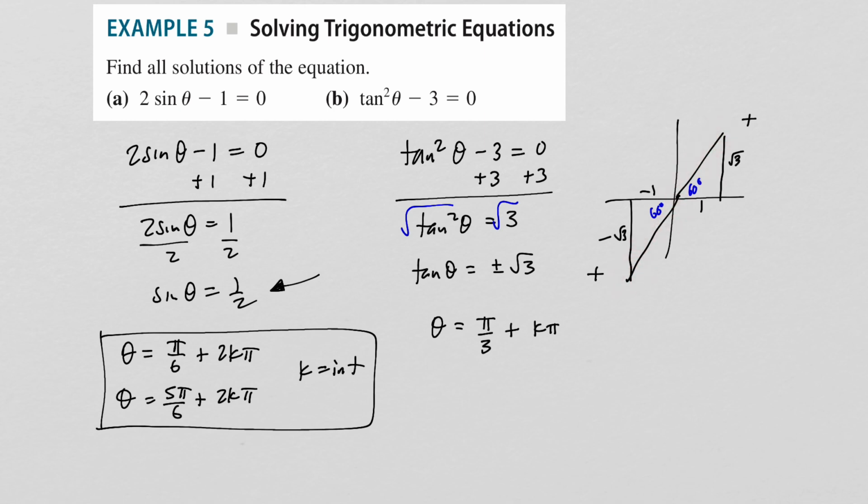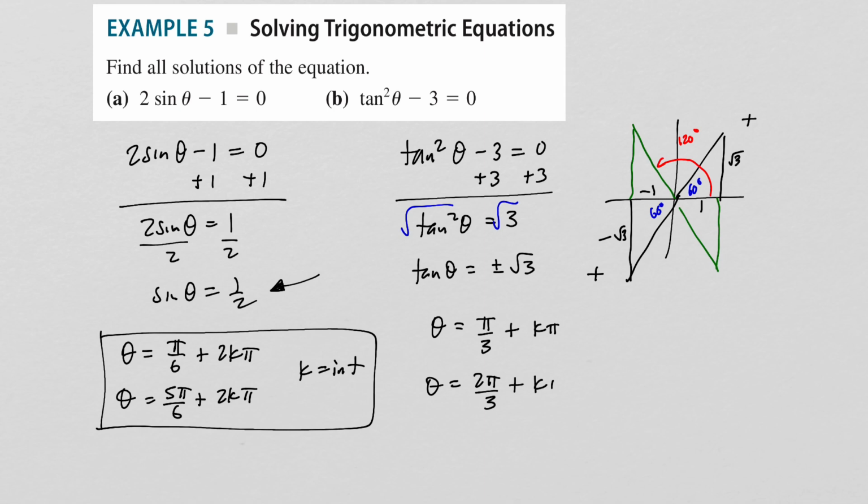180 degrees apart. But tangent can also be negative radical 3, and that's going to happen in the second quadrant and in the fourth quadrant, and the triangles here look identical to these triangles. So once again, we're going to have a 60-degree angle here, which means that this angle will be 120 degrees, and 120 degrees is 2 pi over 3.